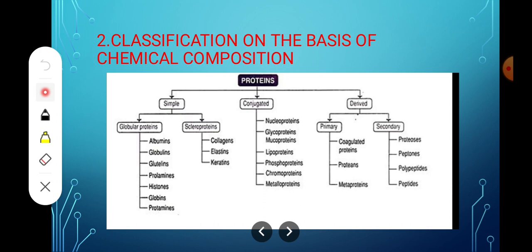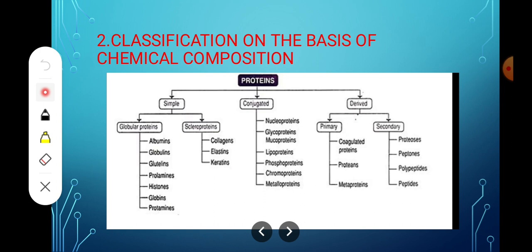Simply, when protein is heated, it is denatured, and also by certain chemical reactions it is broken down, resulting in small size polypeptides. These small size molecules are derived proteins.